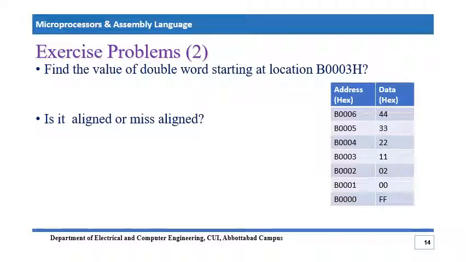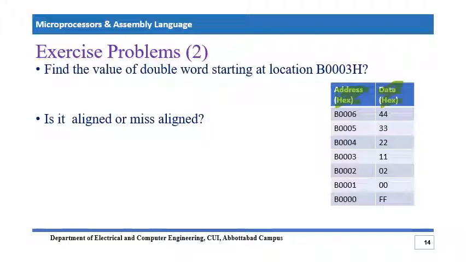In this slide, we are going to take another exercise problem, and this time we are going to discuss the double word. It's again the same memory chip, but we have considered a different exercise problem. That column is the address, this column is the data content. So what is the question? It says find the value of the double word starting from the location B003 hex. Where is B003 hex?